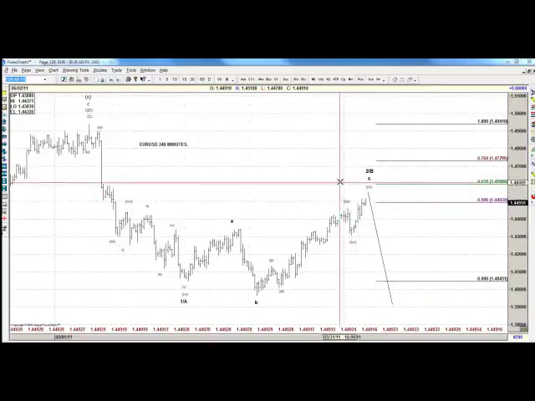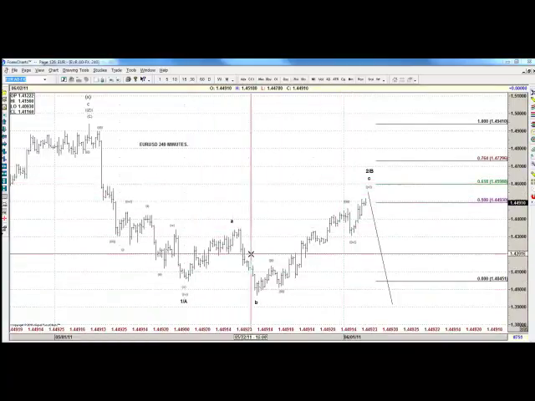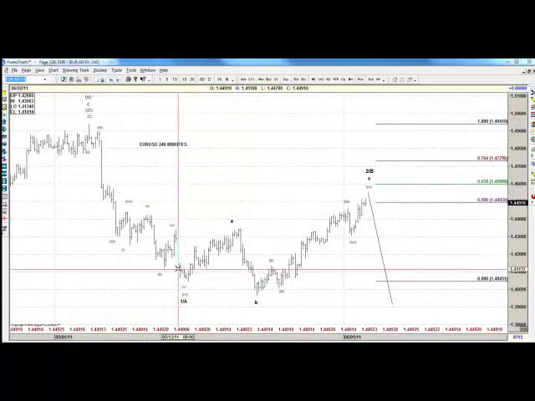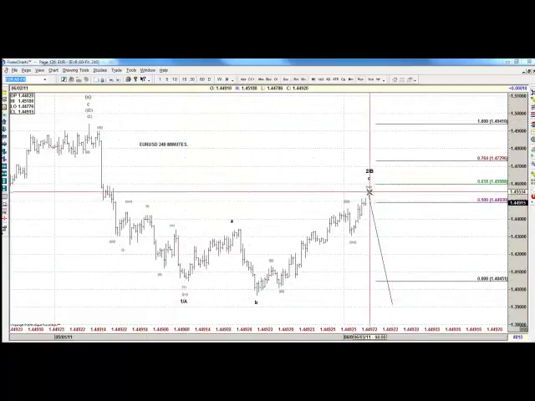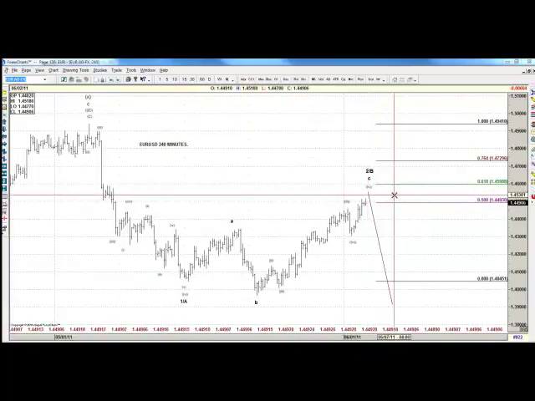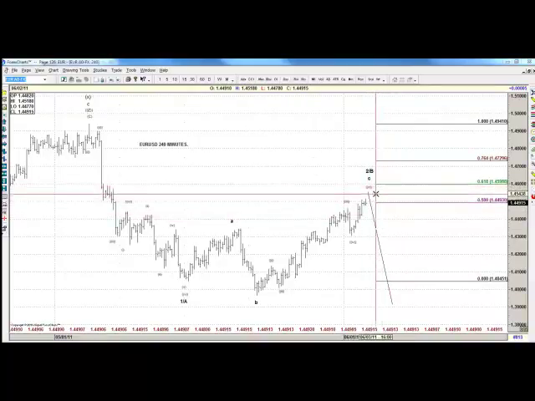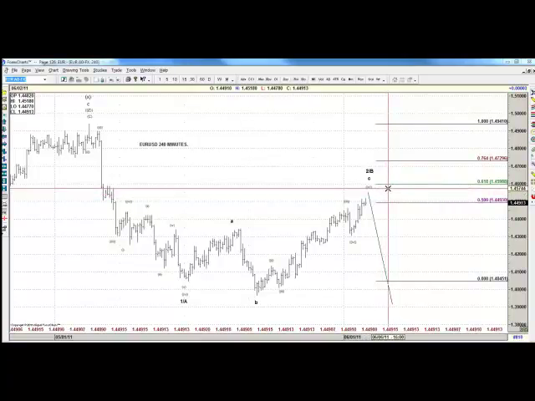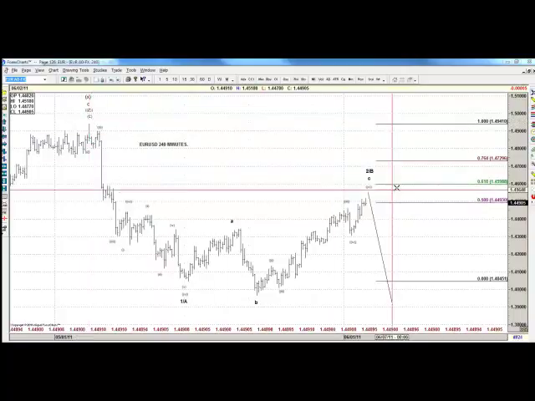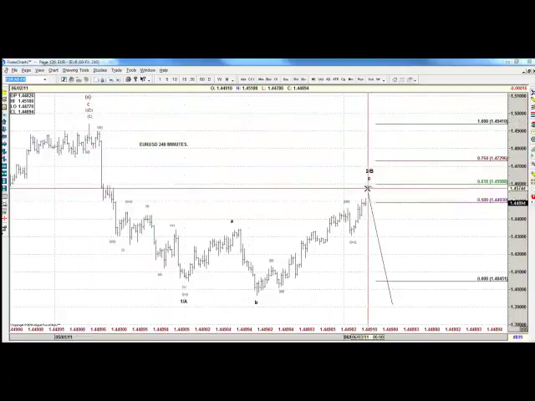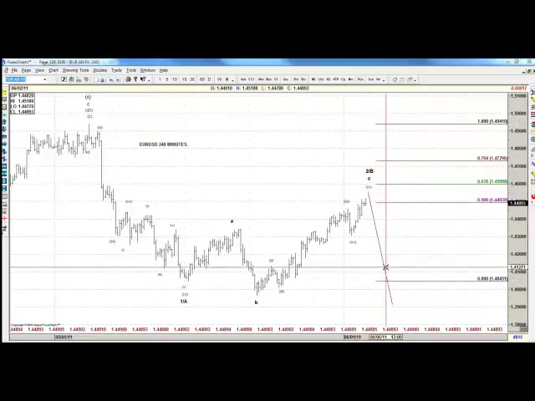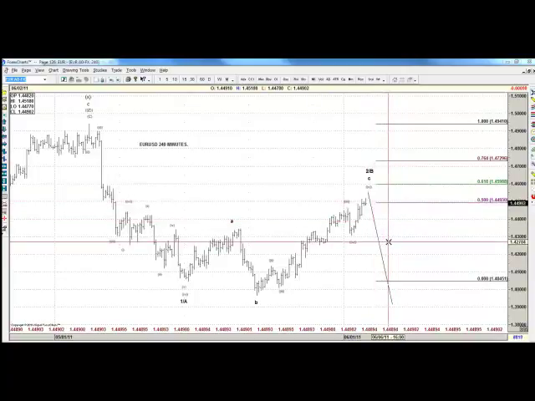So technically, what we're expecting is, after these three waves and these three waves, and this being a 5, we're expecting the euro to create some type of top tomorrow. We're expecting the euro, either from current levels or a little bit higher, around 45.60, 45.98, to create a secondary top, or at least a top on the A wave with 3 waves back or 1, all the scenarios that we've been explaining all week.